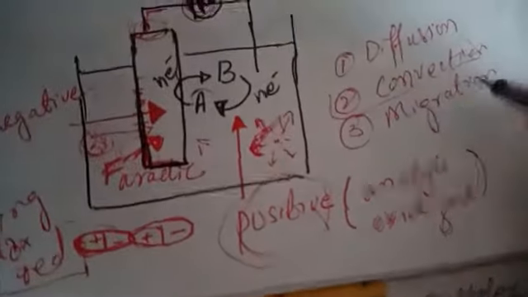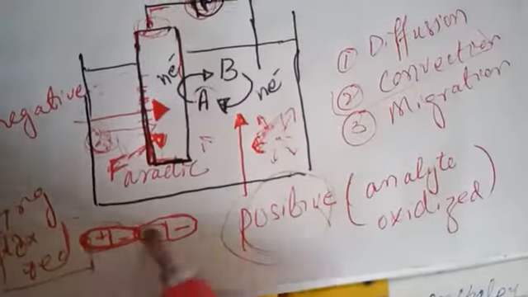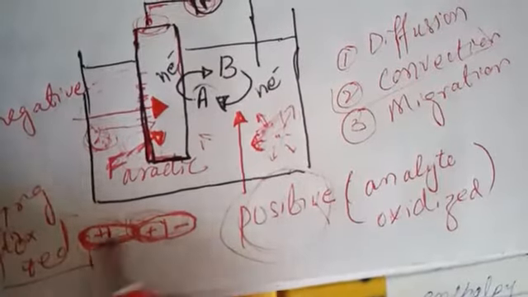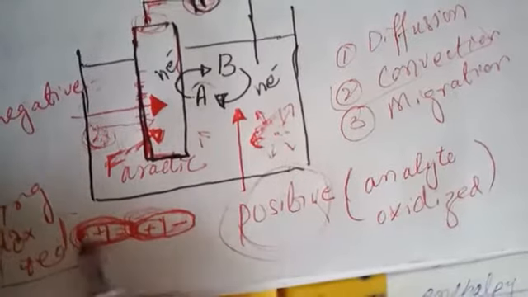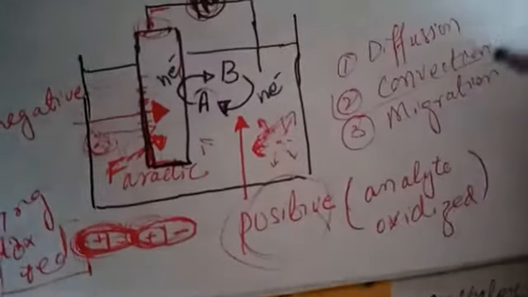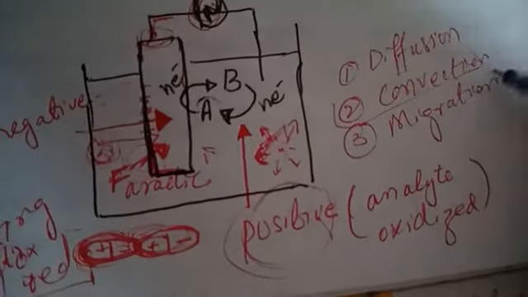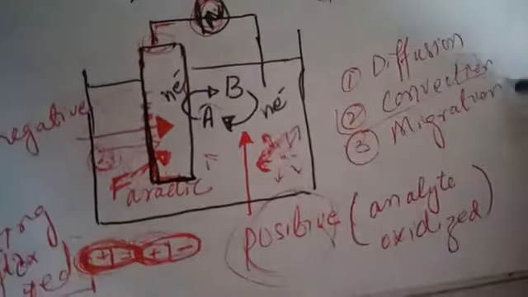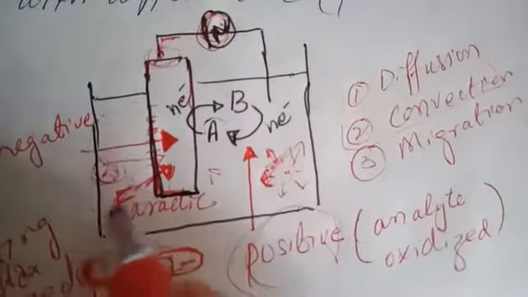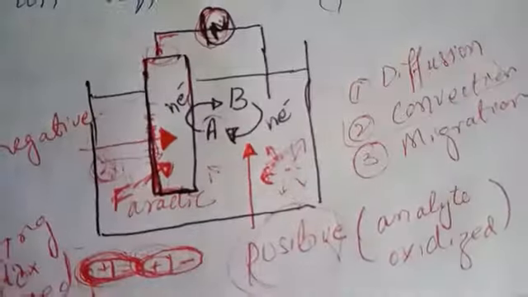First one is diffusion. It means you are using a high concentration of an electrolyte which is not electroactive, so it can reduce the diffusion of the analyte, as well as convection, which is relevant to the density gradient, and the migration of the charges which are not present at the vicinity of the electrode surface.